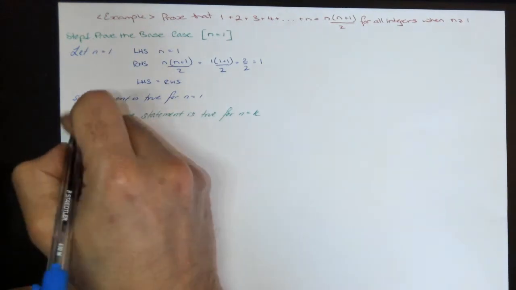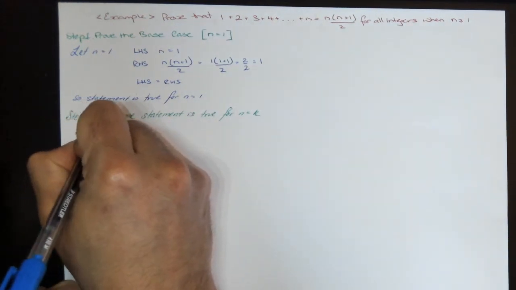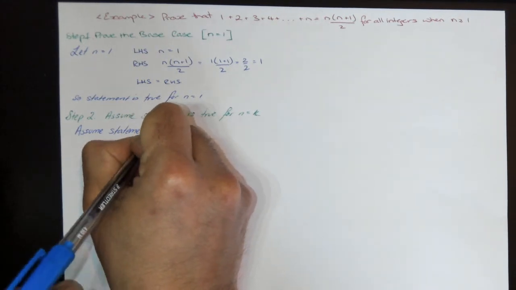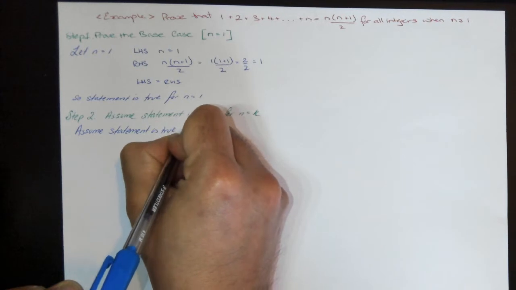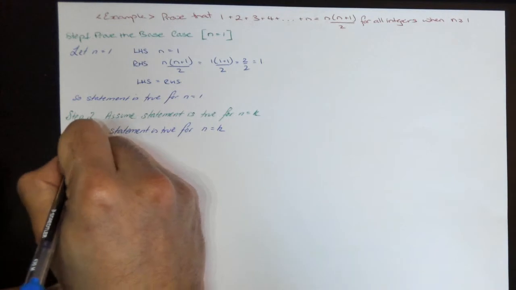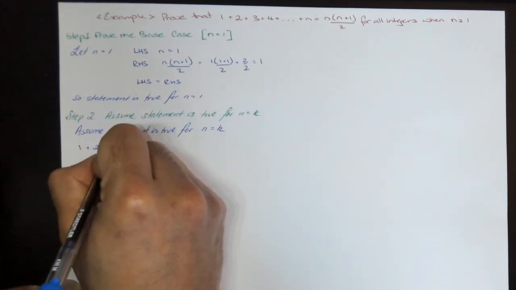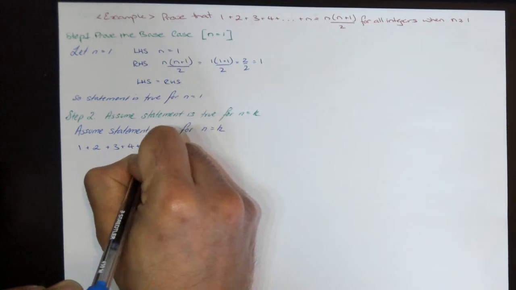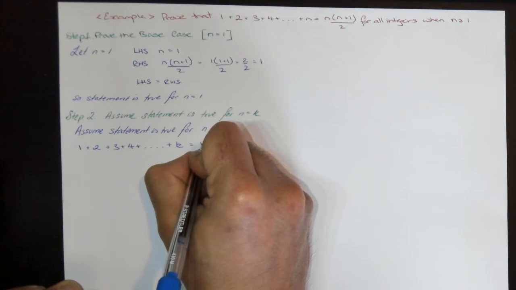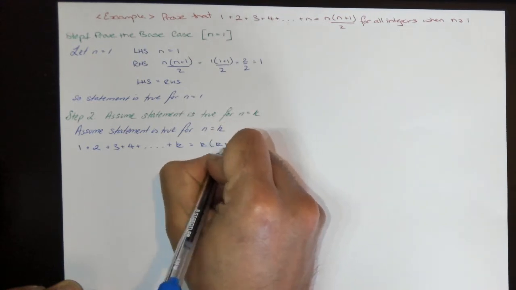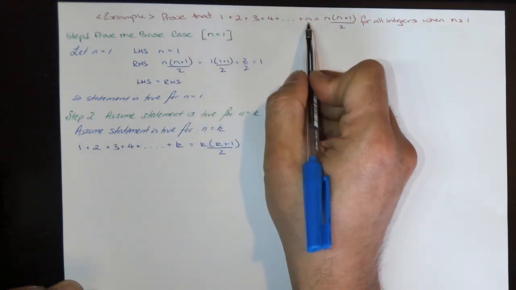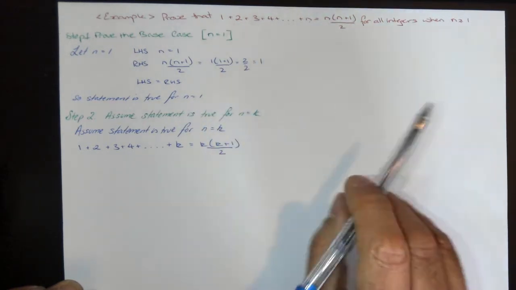So we're going to write down, assume the statement is true for n equals k. So it means that 1 plus 2 plus 3 plus 4 plus all the terms up to k is equal to k times k plus 1 over 2. And that's just basically substituting k every time you see n. Okay.